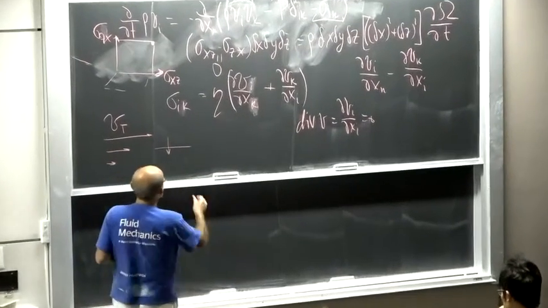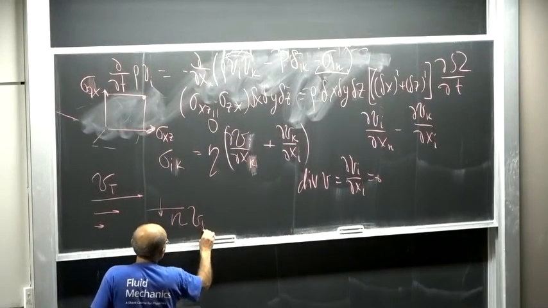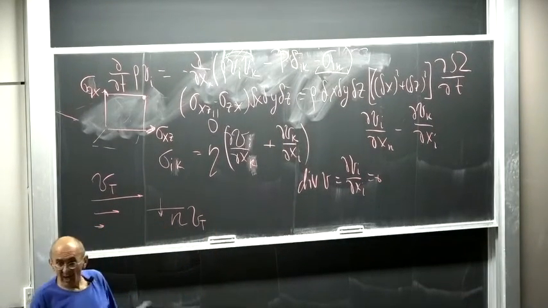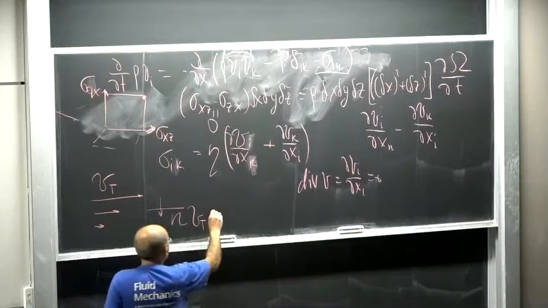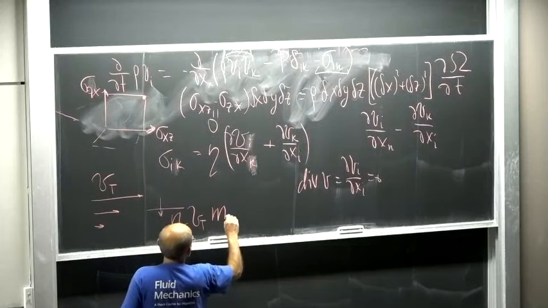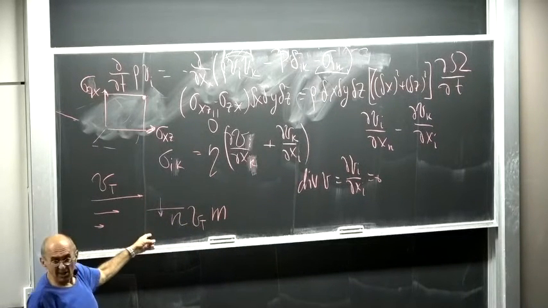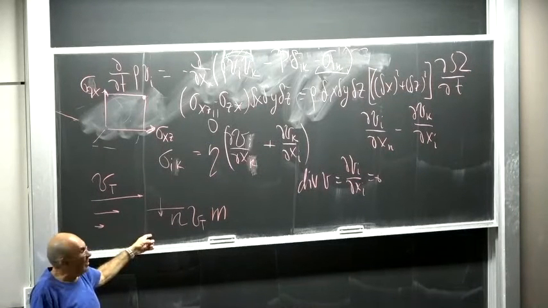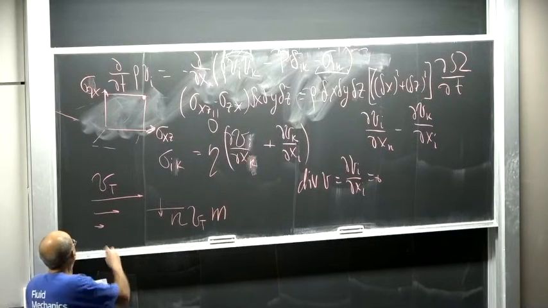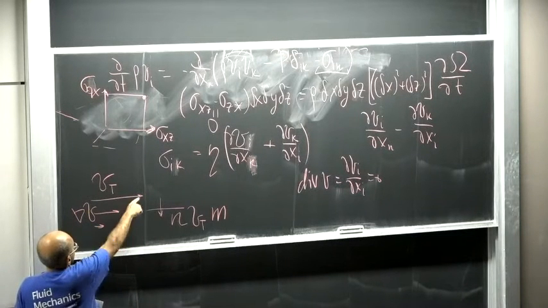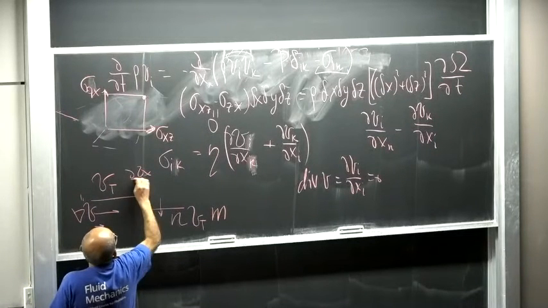So what I need to do is take the number of molecules times their velocity. That would be a flux. How much they bring: every molecule has a mass, and it brings the velocity difference between here and here. But at what distance do I need to take the velocity difference? Here I have a grad V, right? So this is just dvx over dy.